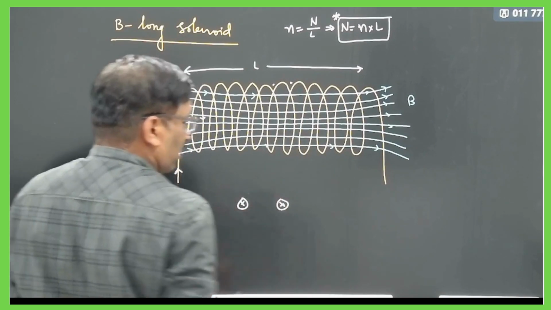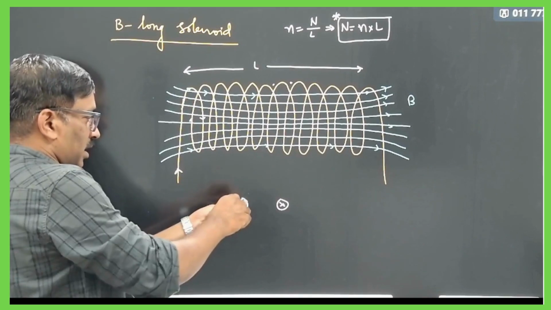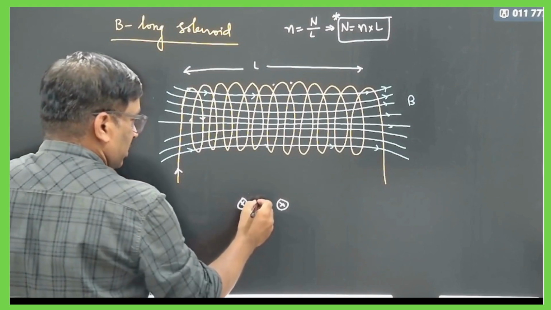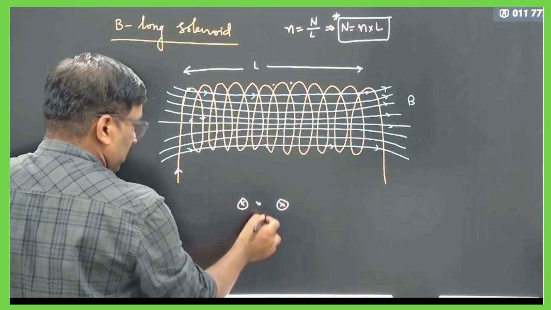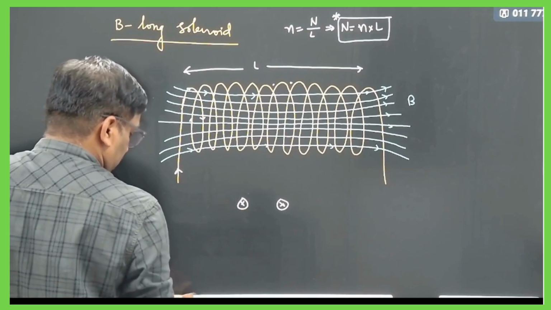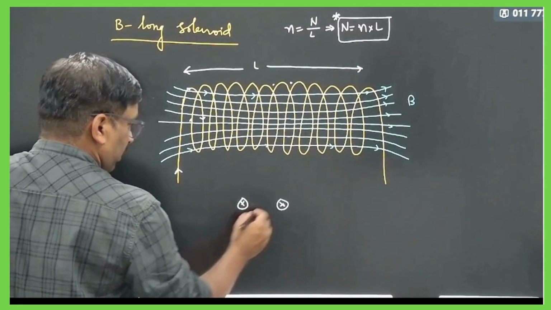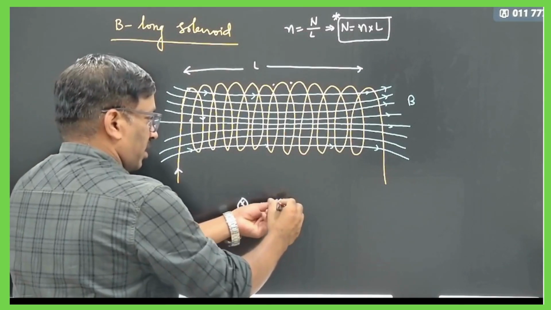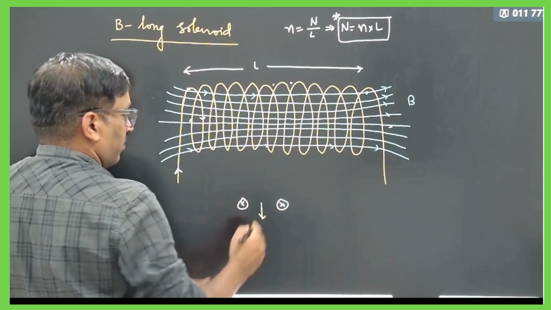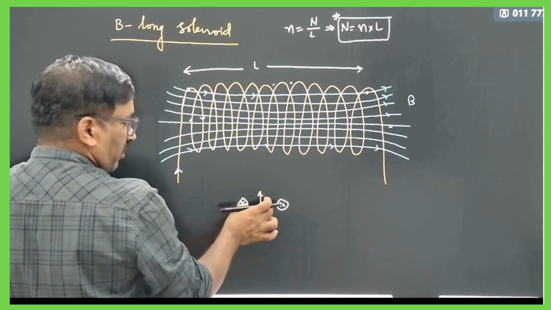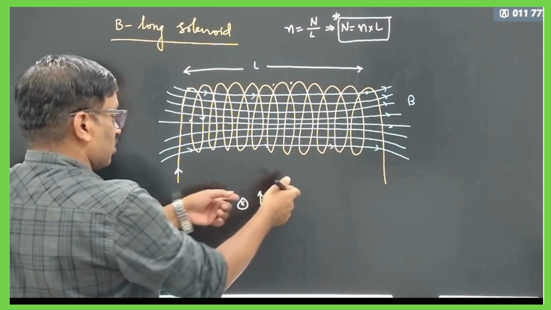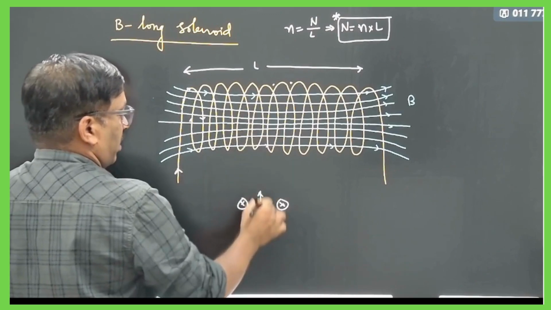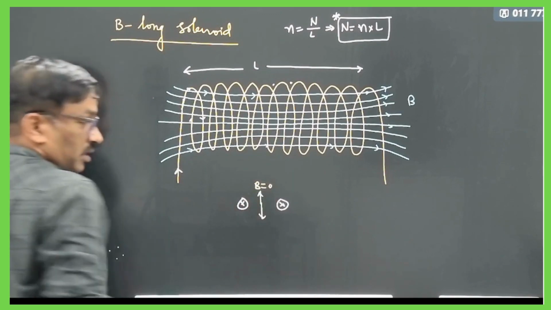I took the gap larger. By the thumb rule, the magnetic field at this point in between, due to this wire is inside, and due to this wire it is outward. The gap, the distance, is very small, and the currents are the same, inside and downward and upward, so the magnetic field in between is 0.